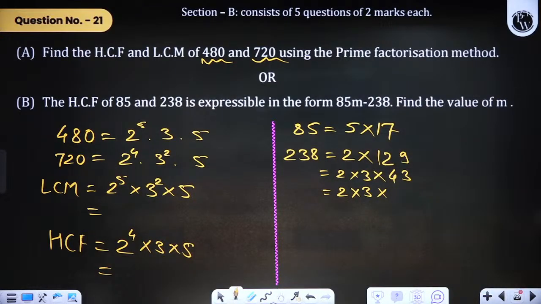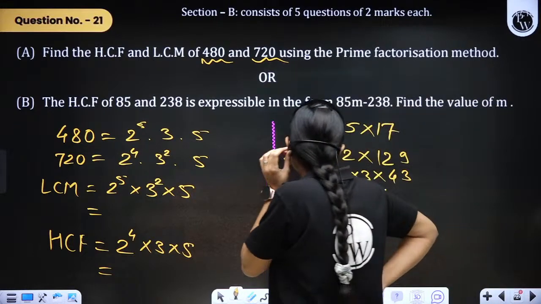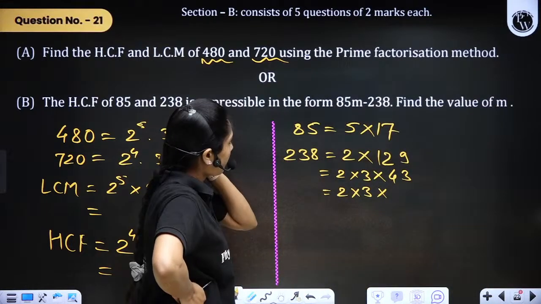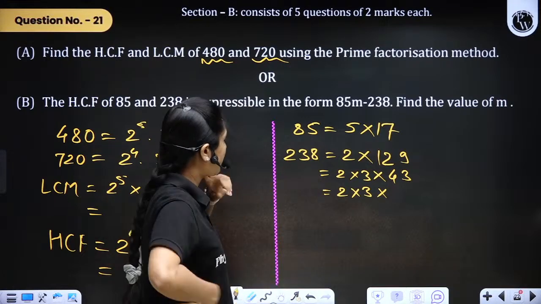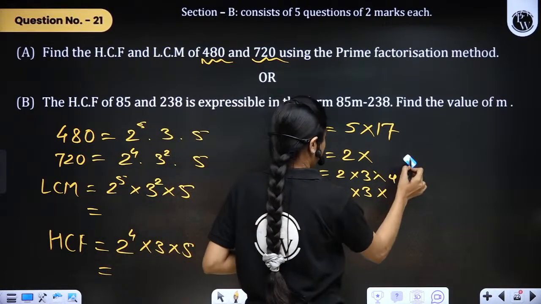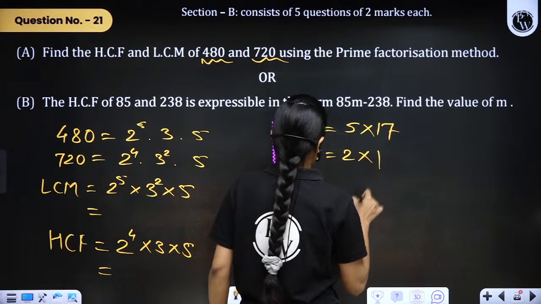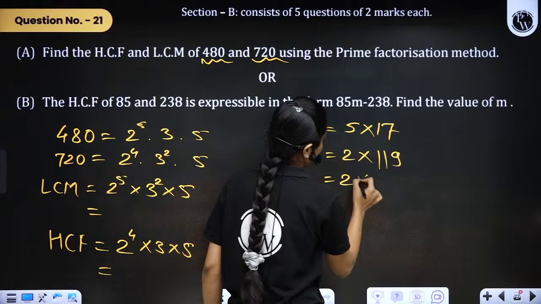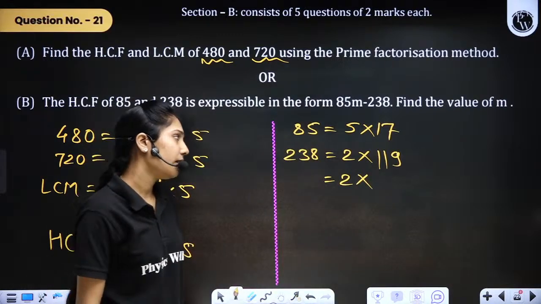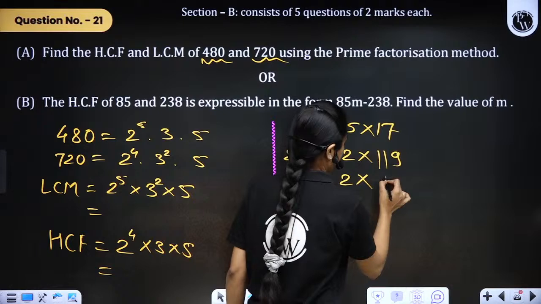That's what we have. So if we just divide it by 2, ones are, okay, then 2 ones are, yeah. Here we got it wrong. 2 ones are, and 9s are. So it's 2 into 119. 119 is not divisible by 3, then coming towards 7.